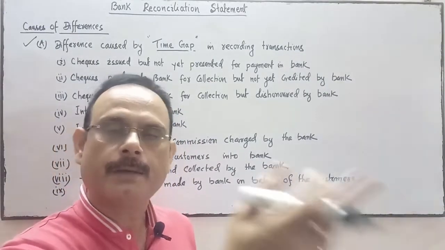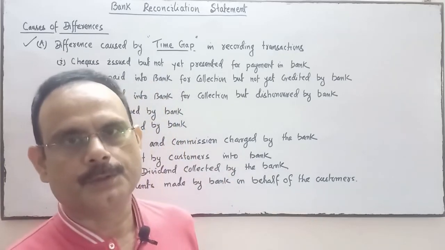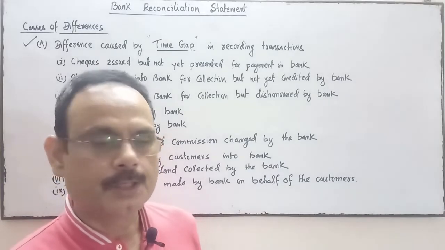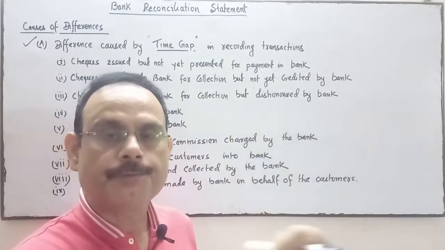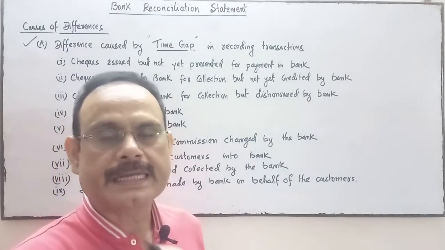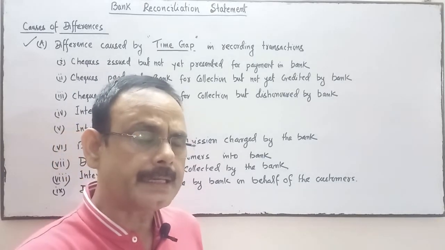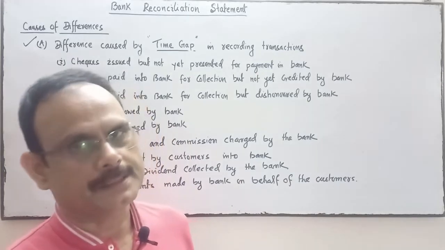Interest allowed by the bank but not informed to the business. So when the interest is allowed, the passbook balance has increased, but it is not informed to the customer, then the customer has not made this entry on the debit side of the cash book. Similarly, interest charged by the bank but not informed to the customers.